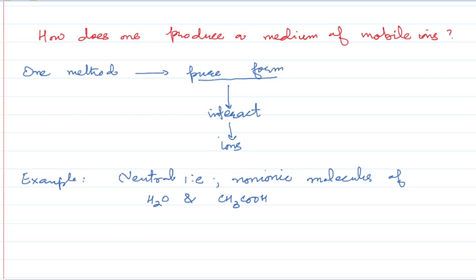Okay, now when you mix the two, for example this acetic acid plus neutral molecule of water, there are two lone pairs of electrons here.